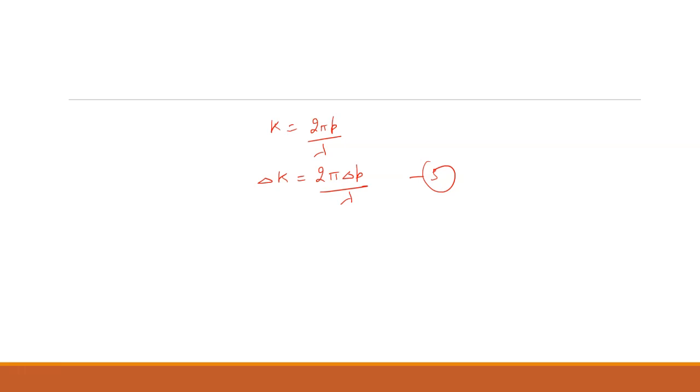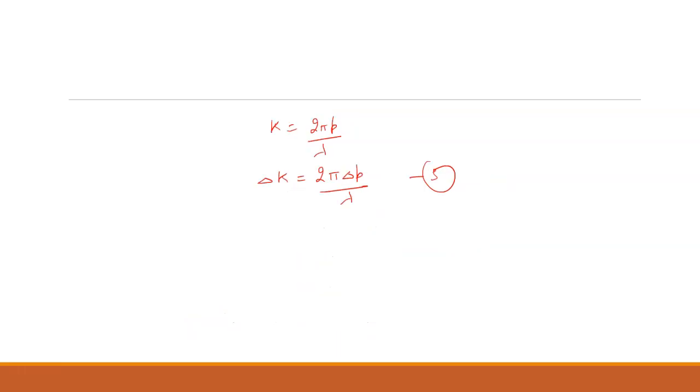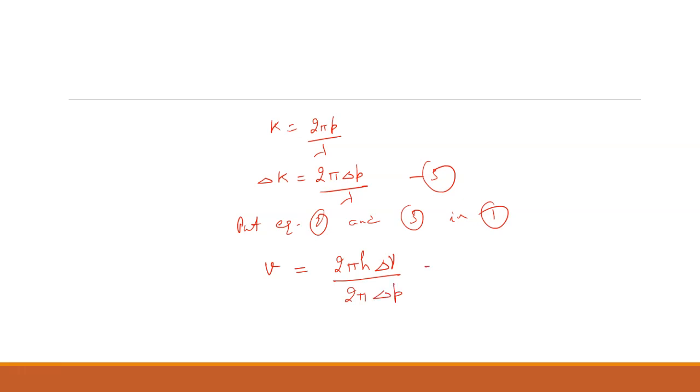Now put equations 2 and 3 in equation number 1. So we will get V equals 2 pi h delta nu divided by 2 pi delta p, which equals h delta nu by delta p.